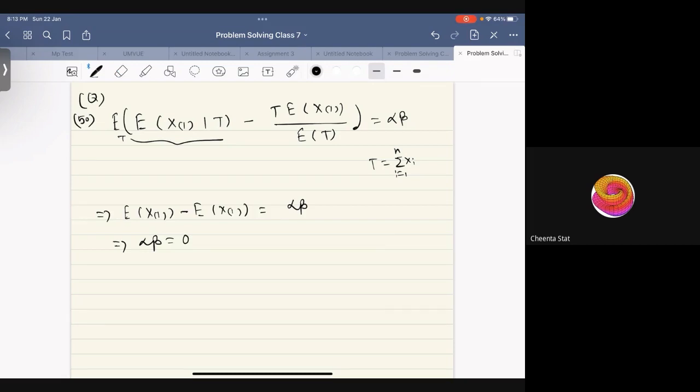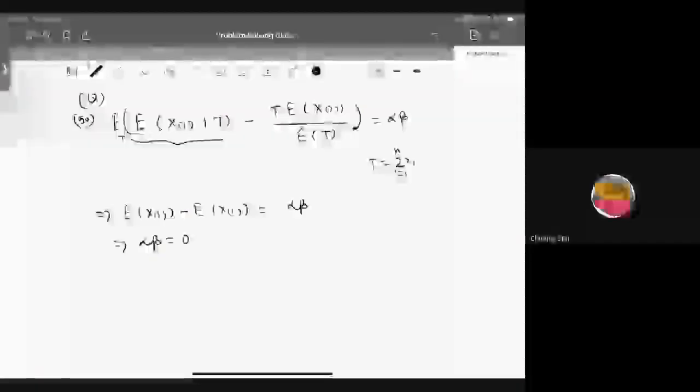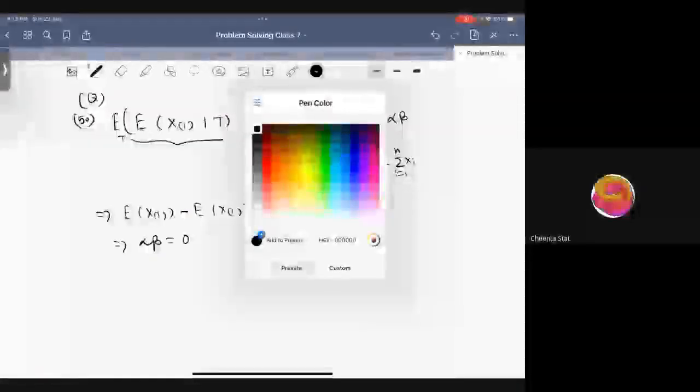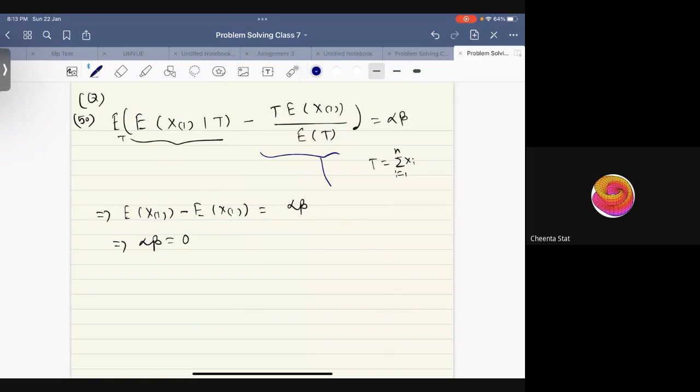Maybe you don't understand this step, because when we take expectation on this thing, it is this. But note that this is a constant now, we cannot find it by hand. If we use R programming, then by simulation we take a sample and find the minimum order statistic, and we can get an idea of expectation of X order 1.